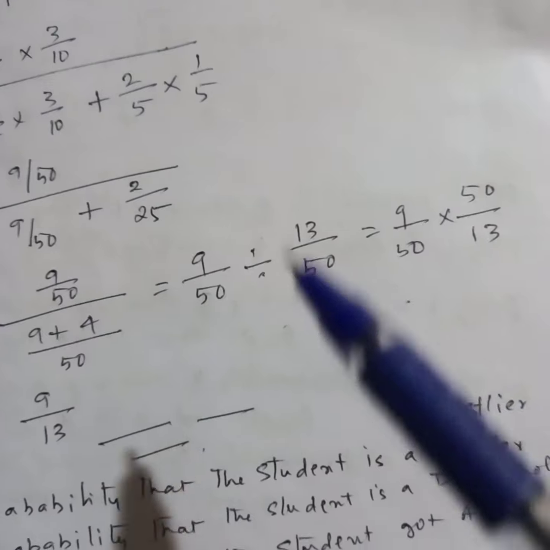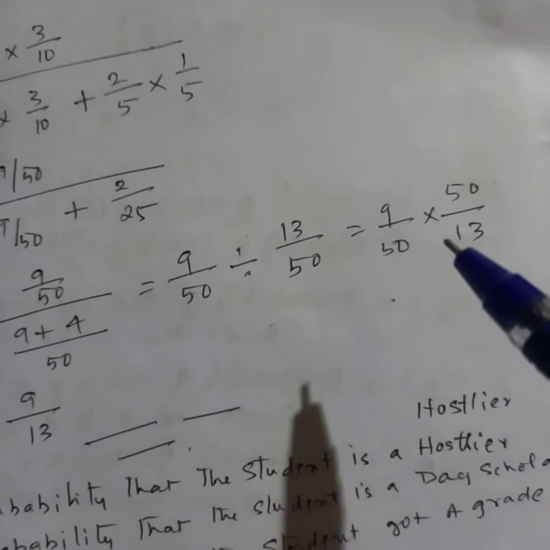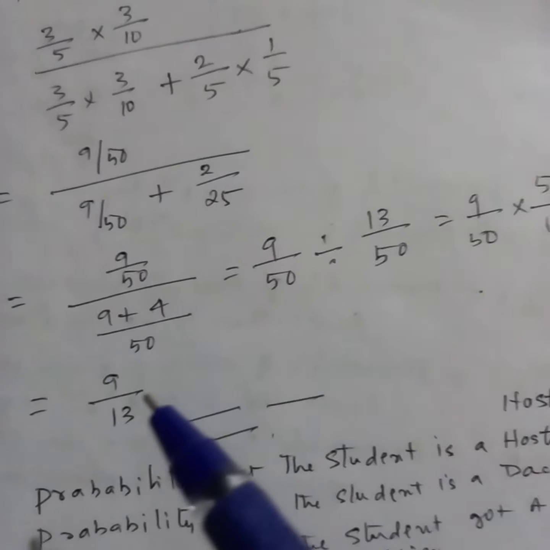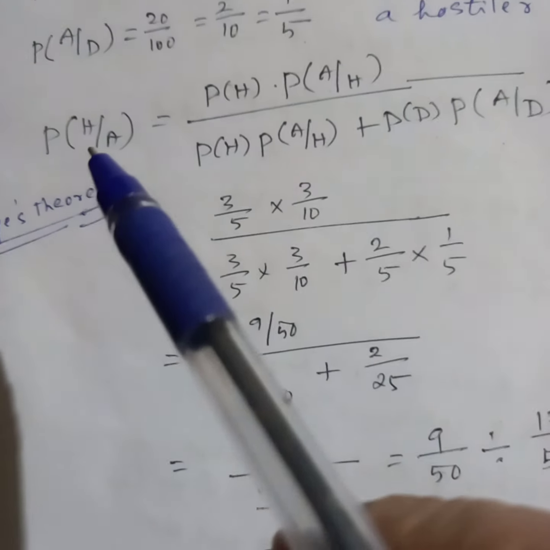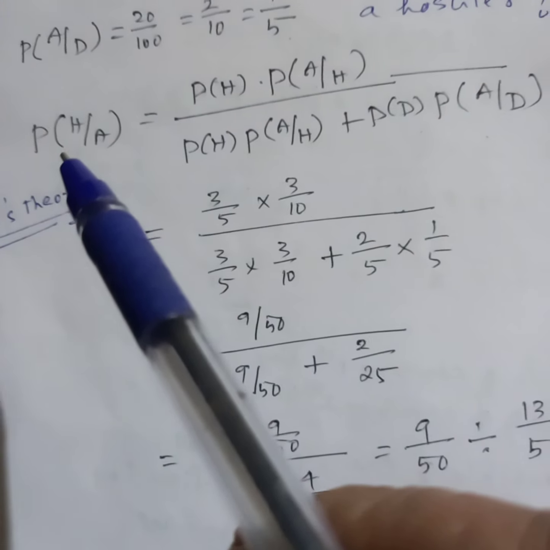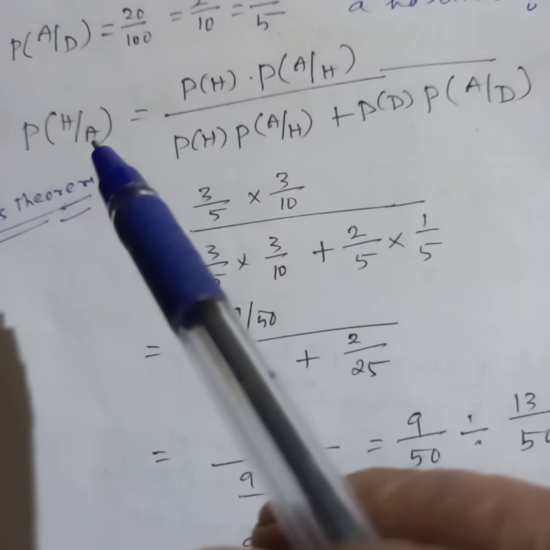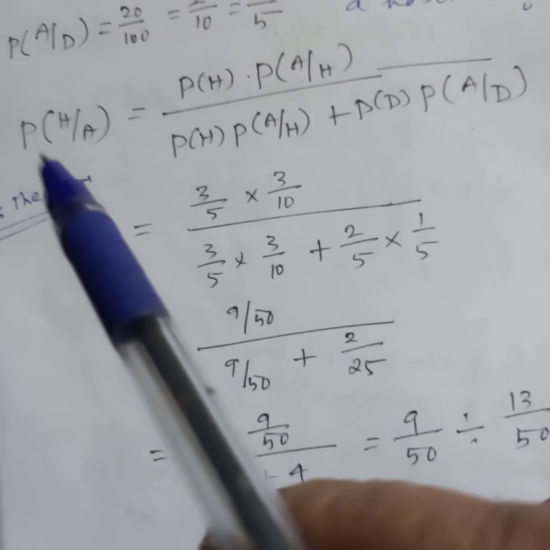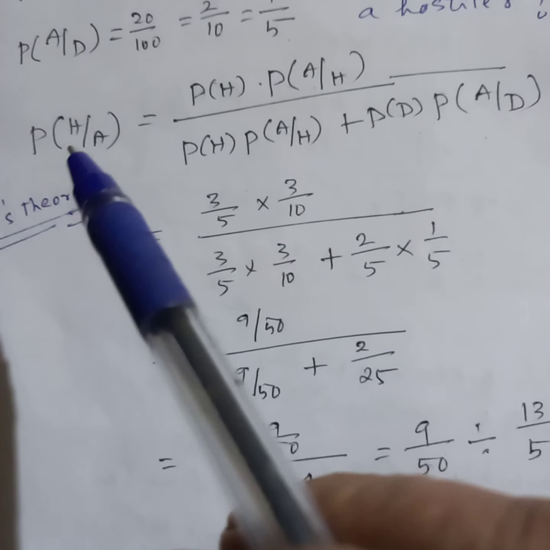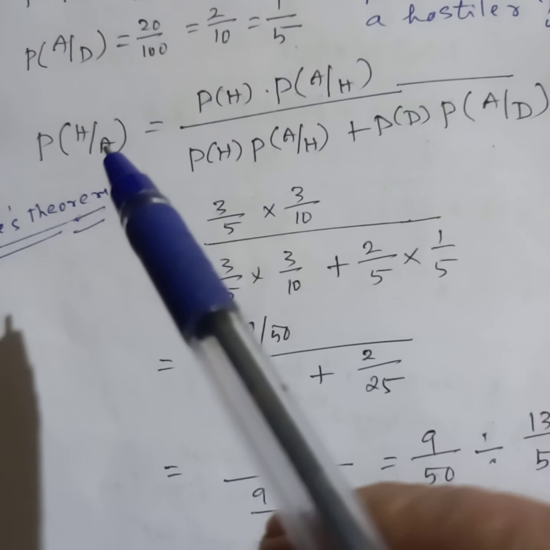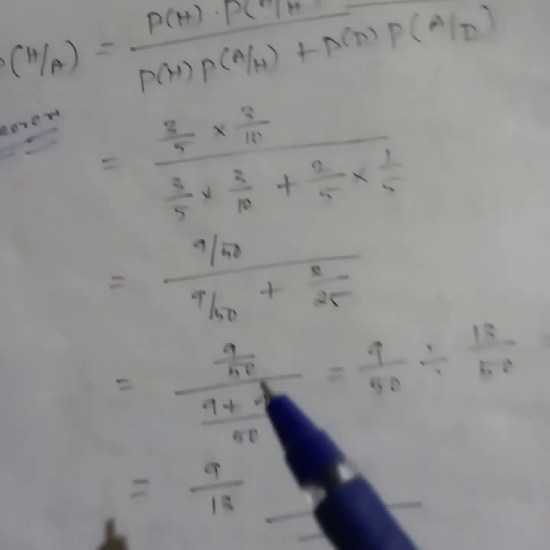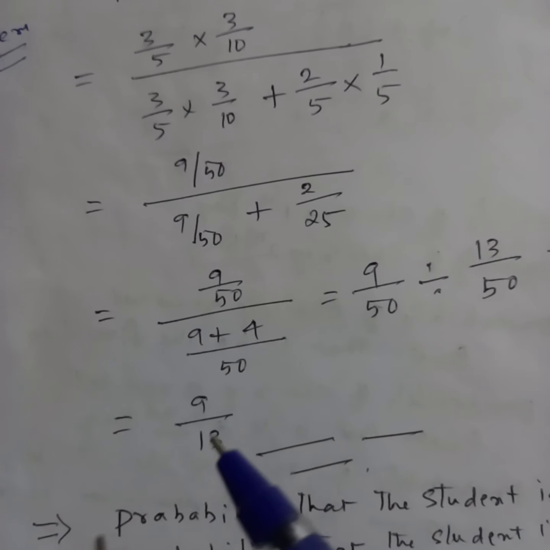Division sign is there, we have to invert this one. So we have inverted and we can calculate this very easily. That is 9 by 13. So the probability that the student is a hosteler given that he has attained a grade is 9 by 13.